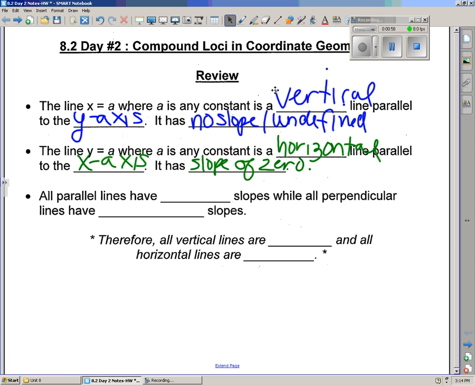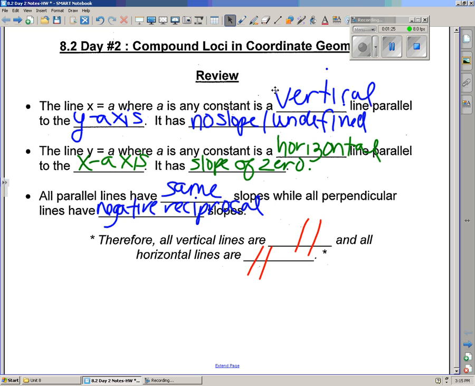This is from the other unit. All parallel lines have the same slopes. All perpendicular lines have negative reciprocal slopes. One thing just to know, and I think you probably know this already, any vertical lines are always parallel. Any horizontal lines are also parallel.